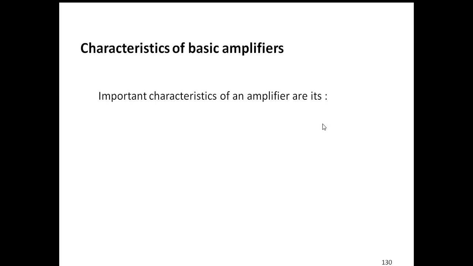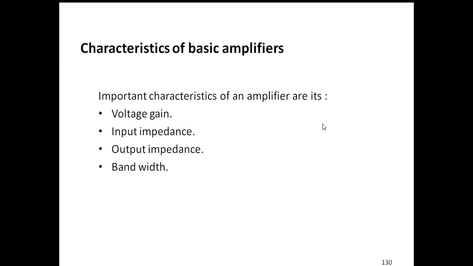Characteristics of a basic amplifier. The important characteristics of an amplifier are voltage gain, input impedance, output impedance and bandwidth. These parameters are more or less fixed for a basic amplifier. For each amplifier circuit, we have to measure the input resistance, the output resistance, and the voltage gain, meaning by applying input, how much output we are getting.